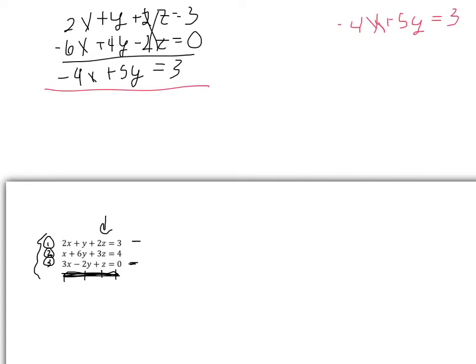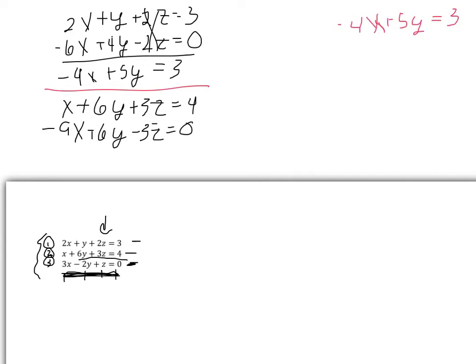Now I'm going to use the second and the third to get rid of the z's. In order to do that, I'm going to multiply the third equation by negative 3. So I copy that second equation down. x plus 6y plus 3z equals 4. Now multiplying by our negative 3 here: negative 9x plus 6y minus 3z equals 0.